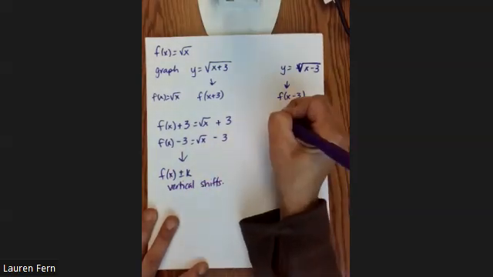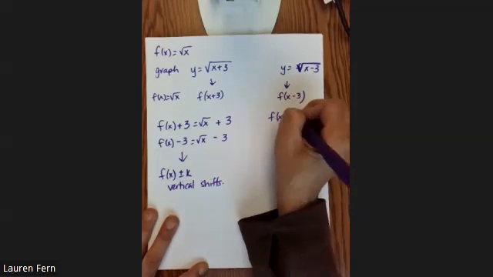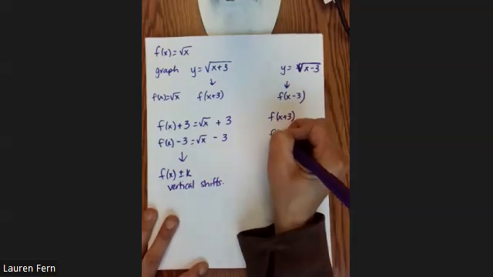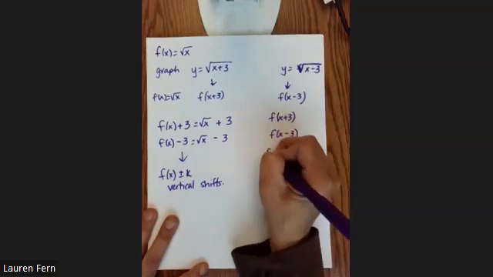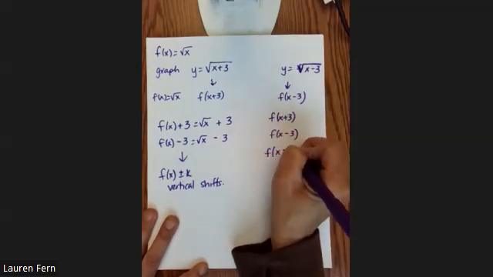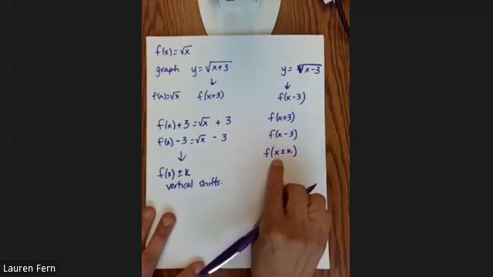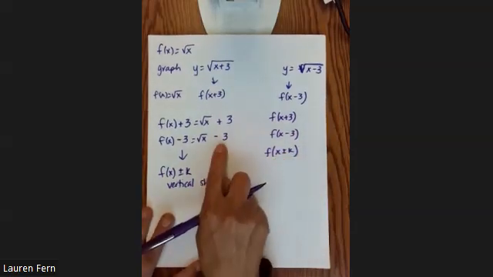Here, I claim, again, I'm finding f of x plus 3 and f of x minus 3. In other words, I'm adding or subtracting a value within my function, not at the end of my function.